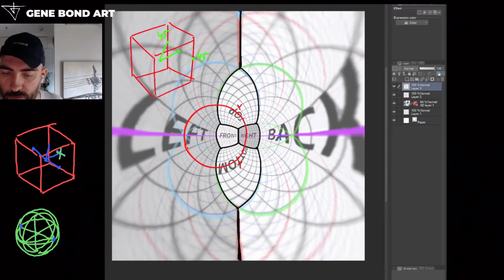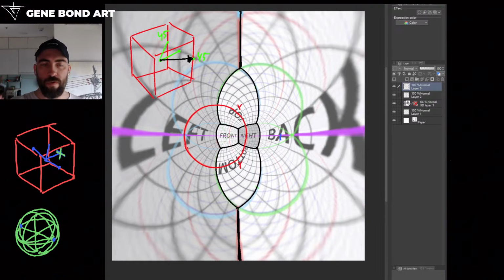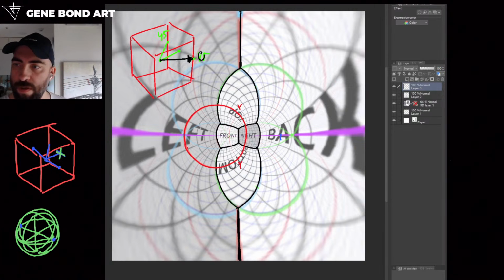But now, because you turned your camera to the corner, you turned it 45 degrees. So now this corner, for you, is a 0 angle. It's not 45 anymore. And now for you, 45 will be the center of a side of a cube. So now your 45 is here and here.